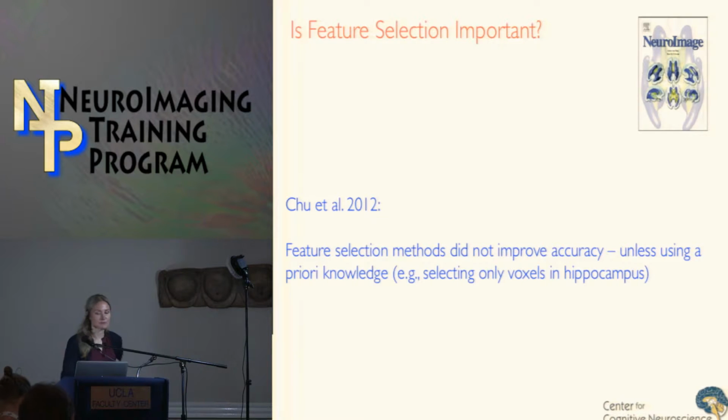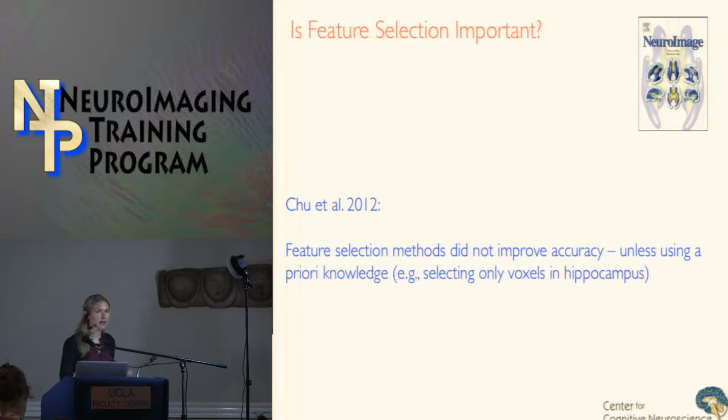Okay, so coming back to this question, is feature selection important? There's this really interesting paper by Carlton Chu where he had the ADNI data, which was trying to predict MCI versus Alzheimer's disease, so mild cognitive impairment versus Alzheimer's disease, just using structural MRI data.